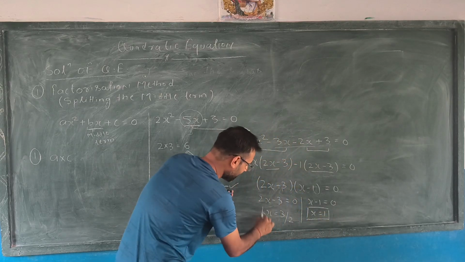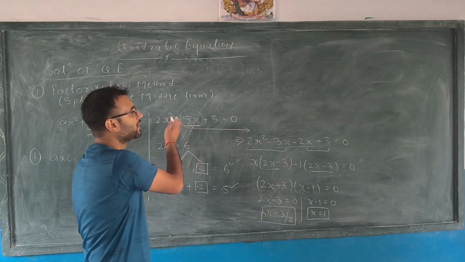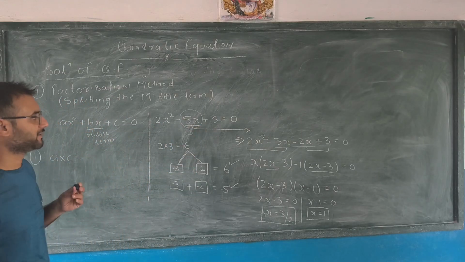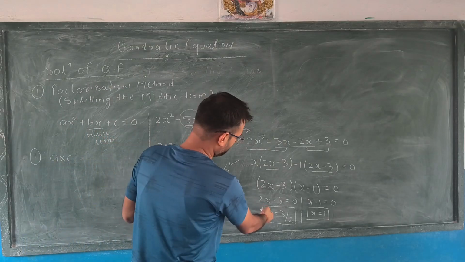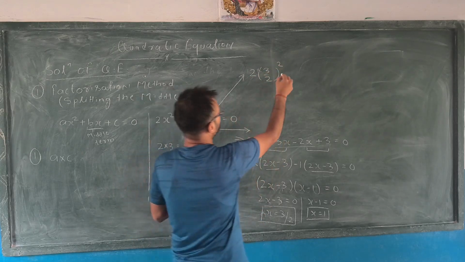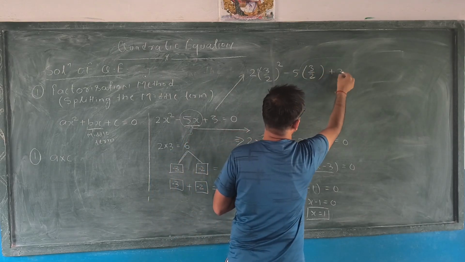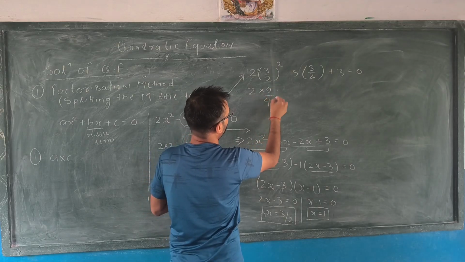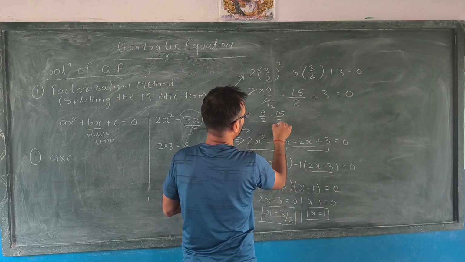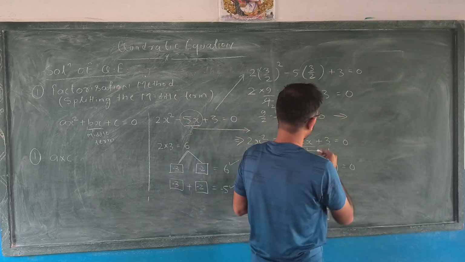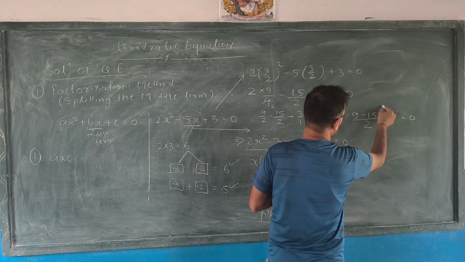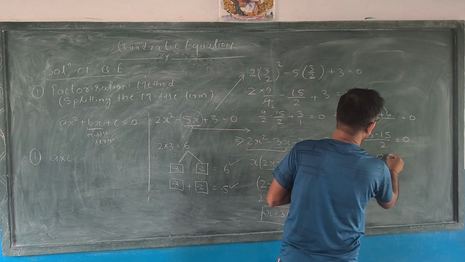These two values, x equal to 1 and x equal to 3 by 2, are the solutions of that quadratic equation, the values of the variable at which the equation becomes 0. Now let us check. Put x equal to 3 by 2: 2 times (3 by 2) square minus 5 times 3 by 2 plus 3 equals 0. That is 2 times 9 by 4, minus 15 by 2, plus 3, which is 9 by 2 minus 15 by 2 plus 6 by 2, which equals 0.